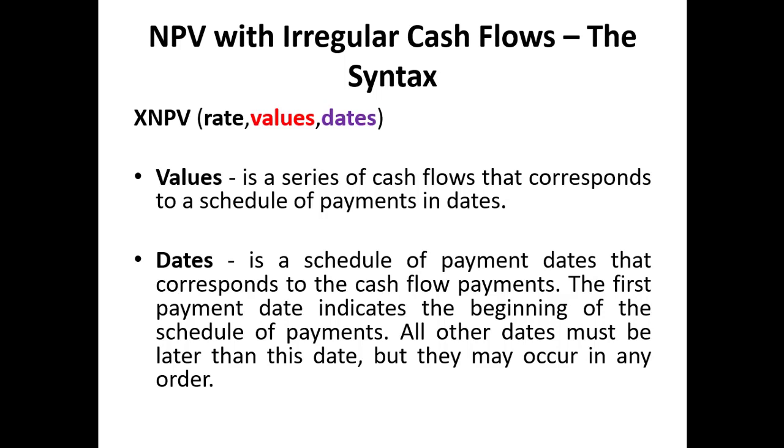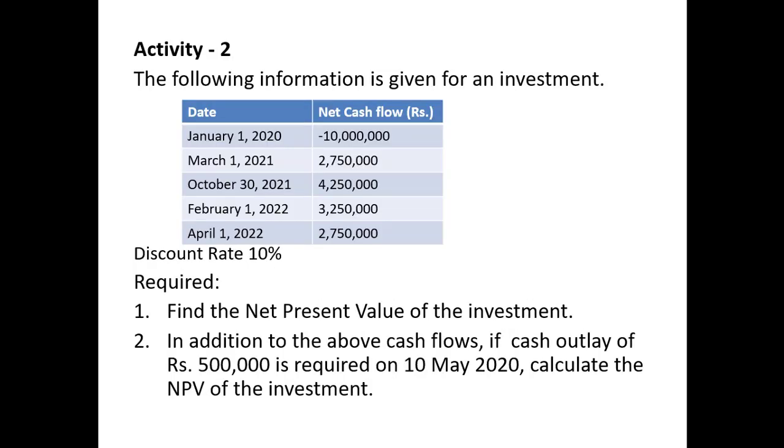Right? We'll see how to work out a question for this XNPV to deal with irregular cash flows. Here you are given a question. The following information is given for an investment. You plan to make this investment on 1st of January 2020.